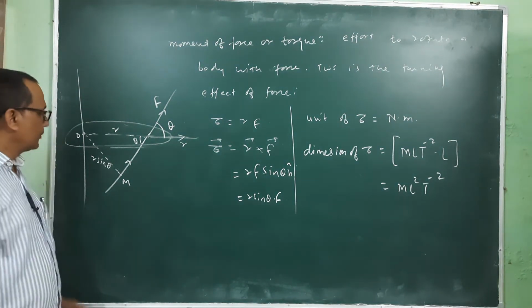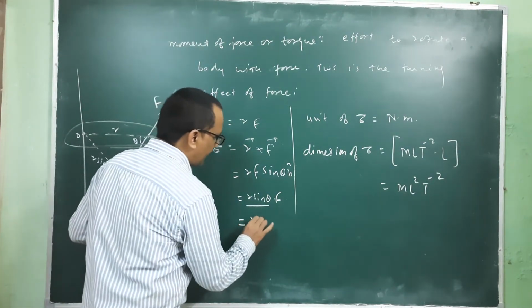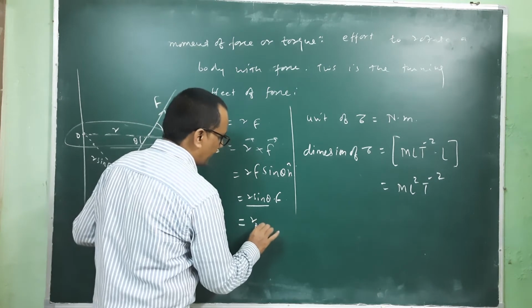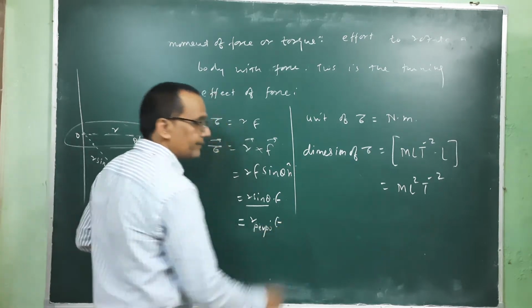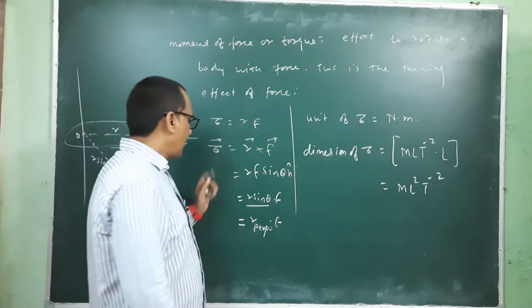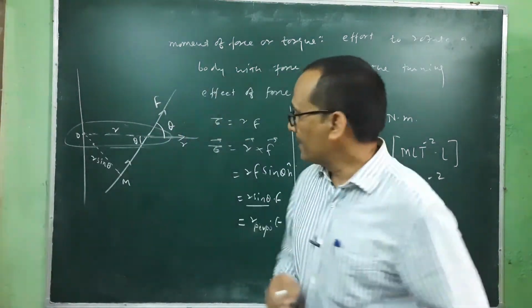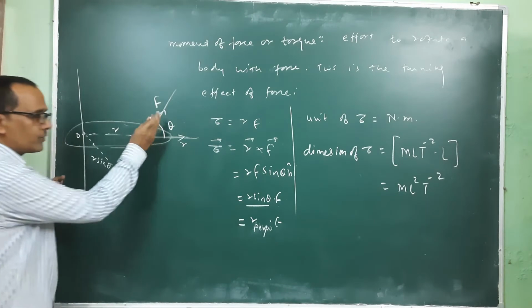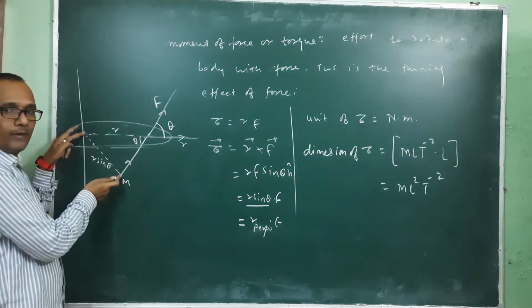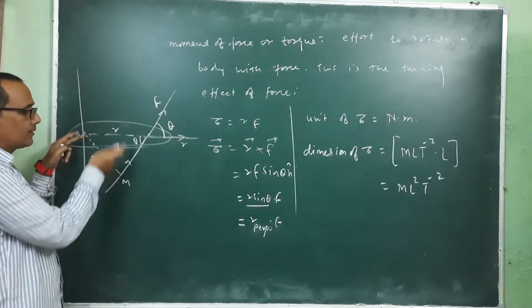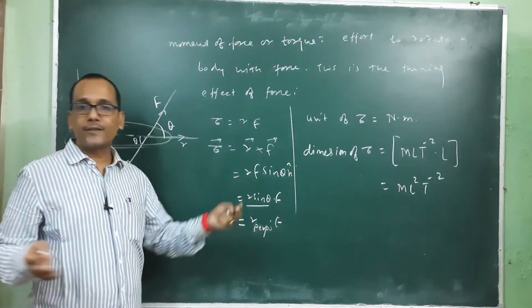Okay, so this R sine theta multiplied by F, one can write as R perpendicular multiplied by F. So this tau is taken as equivalent to the shortest distance with force. It means we take that force and take the shortest distance of that force as a normal, and when we multiply this, then this is known as torque. So R perpendicular multiplied by F. R perpendicular means that shortest distance.